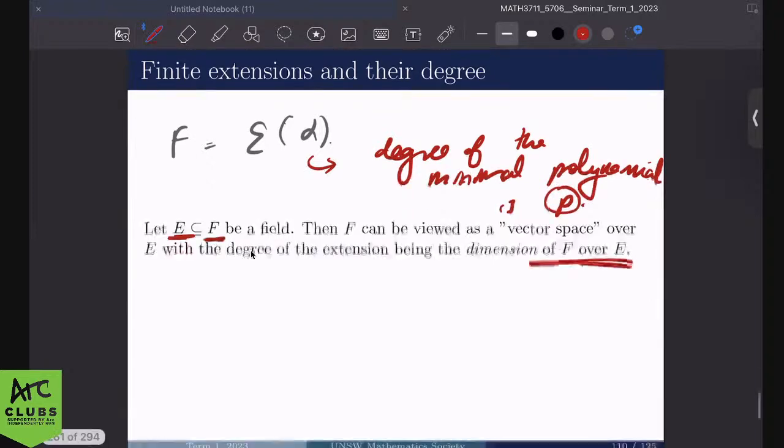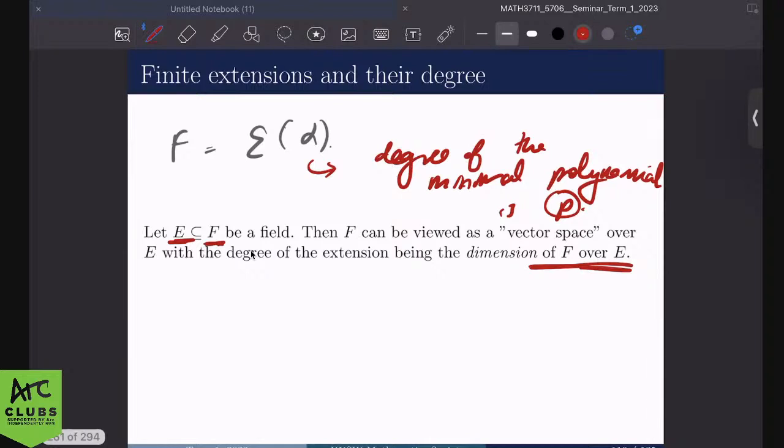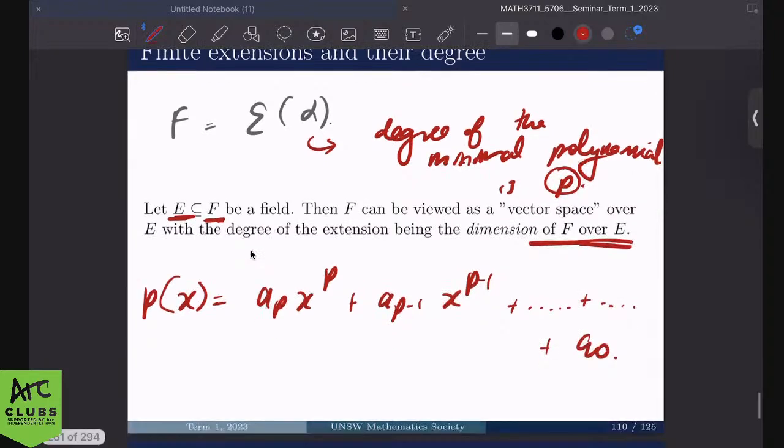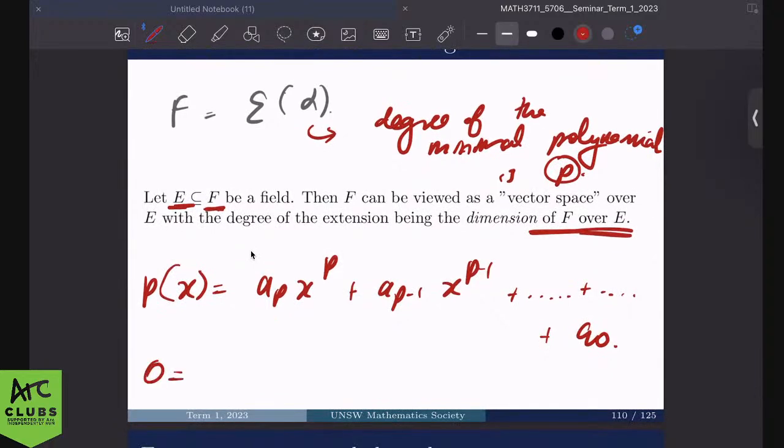And why is that? Because if the degree of the minimal polynomial is P, then that means that there is some polynomial. Let's just do this. p(x) equals a_P x to the power P plus a_(P-1) x to the power P minus 1, and so on and so forth, plus a_0, such that this is equal to 0 for alpha, which means you've got a_P alpha to the power P plus a_(P-1) alpha to the power P minus 1, and so on and so forth.